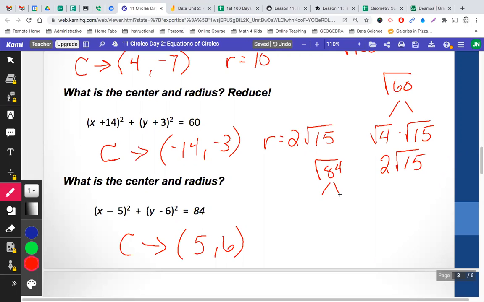Let's say 4 is our biggest one again. 4 goes into it 21 times. So it's 2 radical 21.